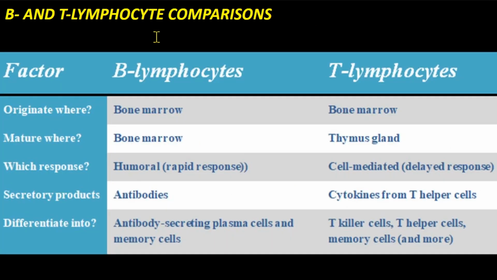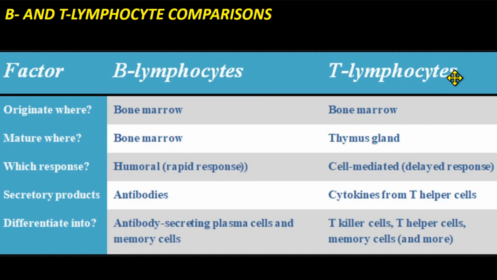So let's compare B lymphocytes and T lymphocytes. B lymphocytes originate in the bone marrow, so do T lymphocytes. But B lymphocytes mature in the bone marrow and T lymphocytes mature in the thymus gland. And this is why it's called B lymphocytes for maturing in the bone marrow and T for thymus gland. The B lymphocytes enact the humoral response, which is a more rapid response.